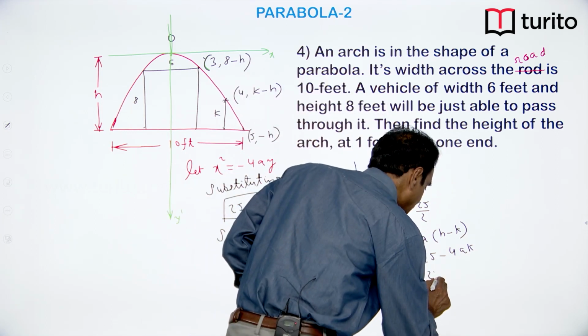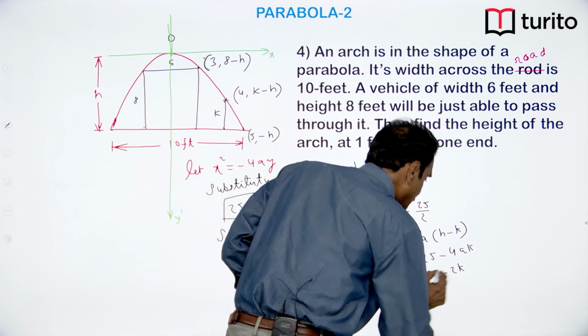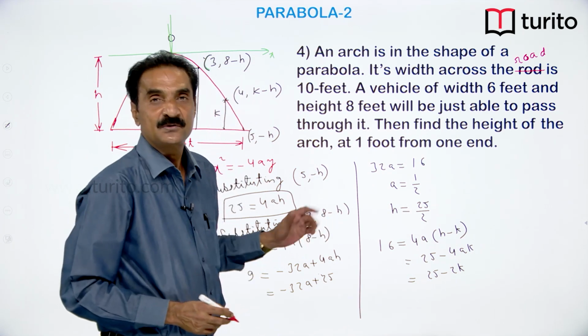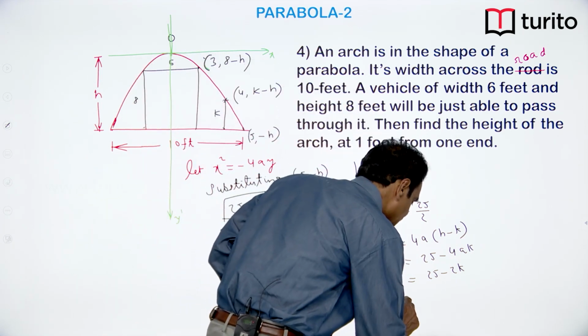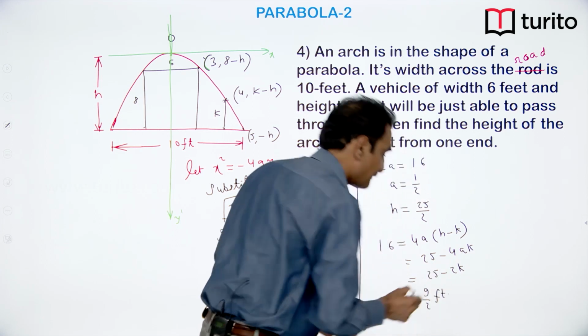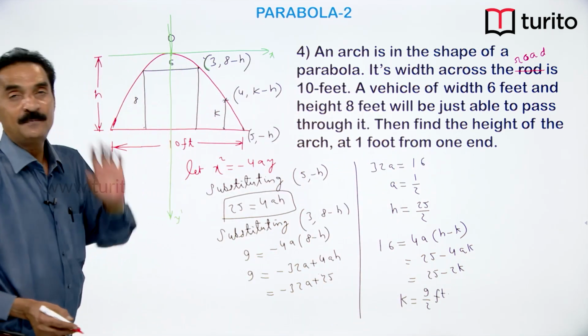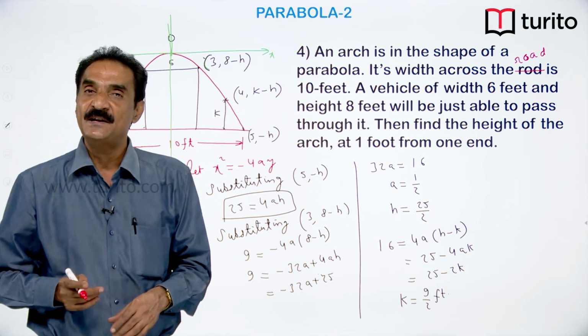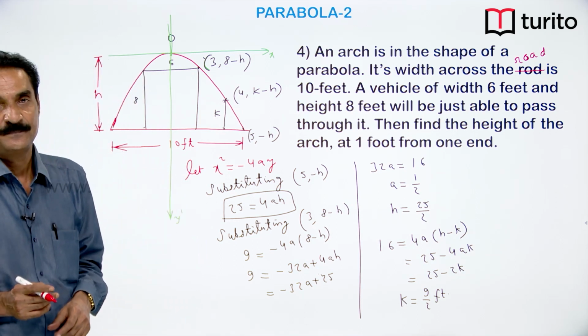It will be 25 minus 2k. So finally, you will get k is equal to 9 by 2 feet. So the height of the arch at 1 foot from one end is 9 by 2 feet.